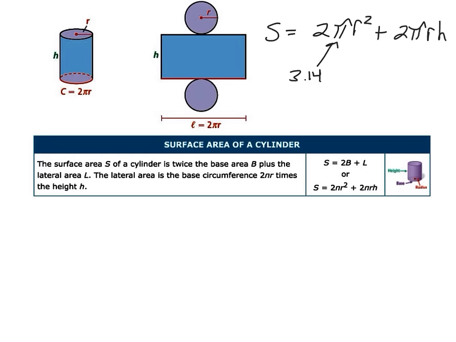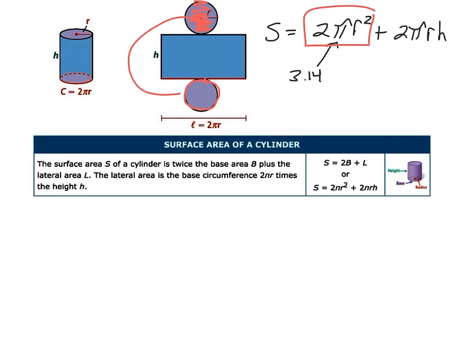So if we wanted to find the area of one of these circles, we would do pi r squared. Pi r squared would give us the amount of space inside one of the circles, but then I'd have to double it because there's two of them. So that's where this comes from. Pi r squared, double it, so multiply it times 2. And for pi, we're just going to use 3.14.